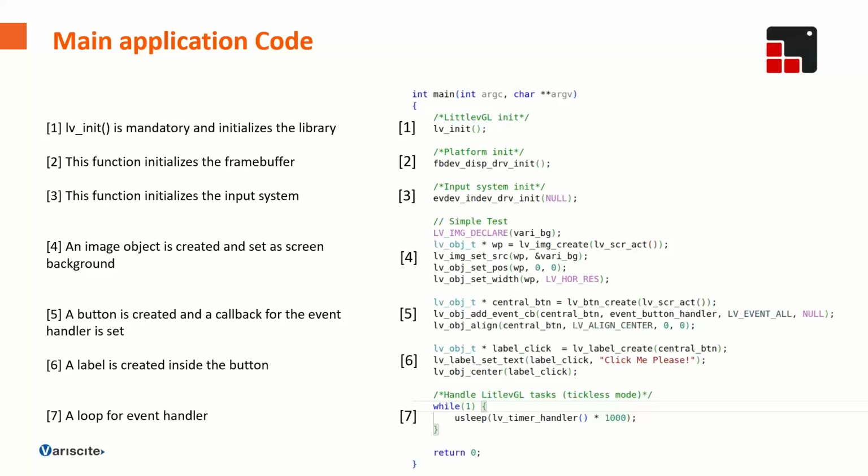In the middle, there is a button. This button has a callback that is an event button handler. On top of this button, there is a label, in section 6, that is initialized with the string "click me please." Then there is the event loop that I was talking about.